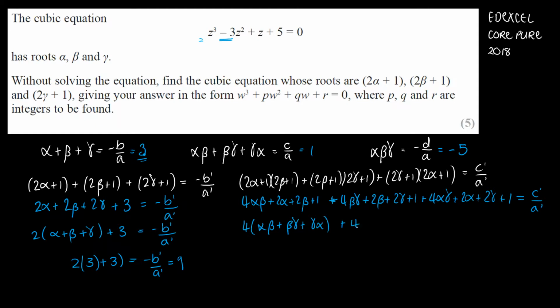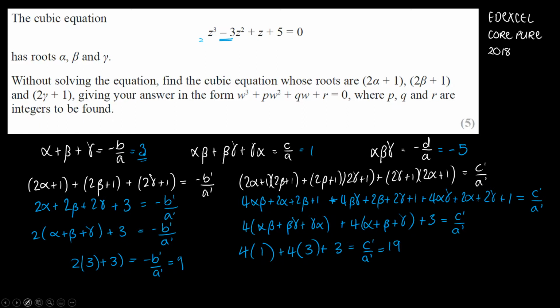And then 4 lots of alpha and 4 lots of beta and 4 lots of gamma and 3. Well, the sum of my pairs, that value originally was 1, and we've got that back, so that can go in. The sum of my singles, and then 3. And that totals up to a new c over a being 19.